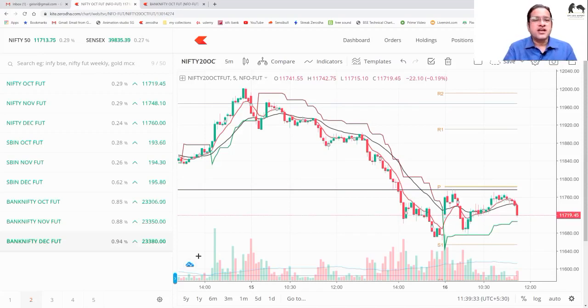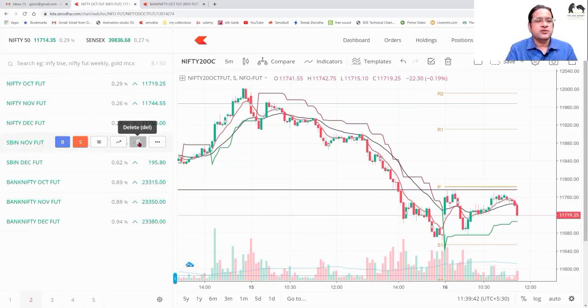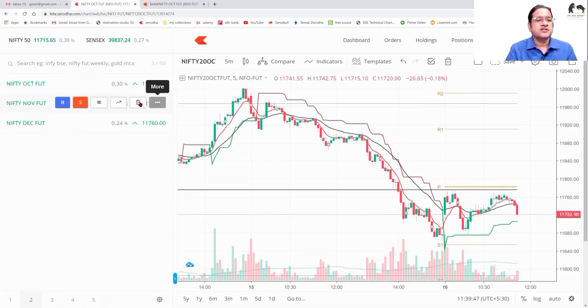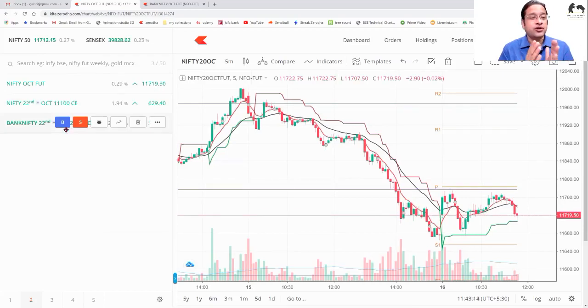Now, let's dip further and understand what are the various weekly contracts available. I'll just clear this space so that we have some space to add some of the stocks. So now, as we saw that in futures there are about 3 contracts available, and when it comes to options, we have weekly options.